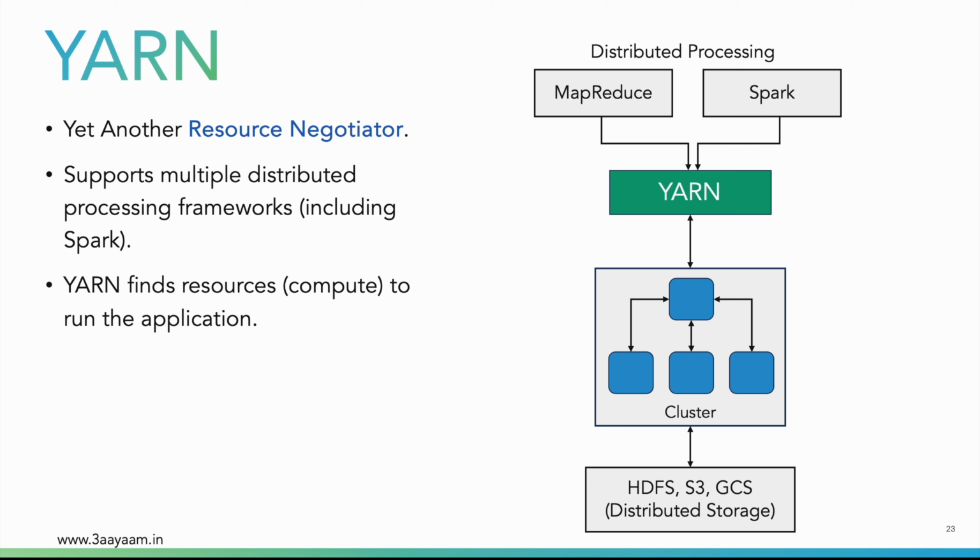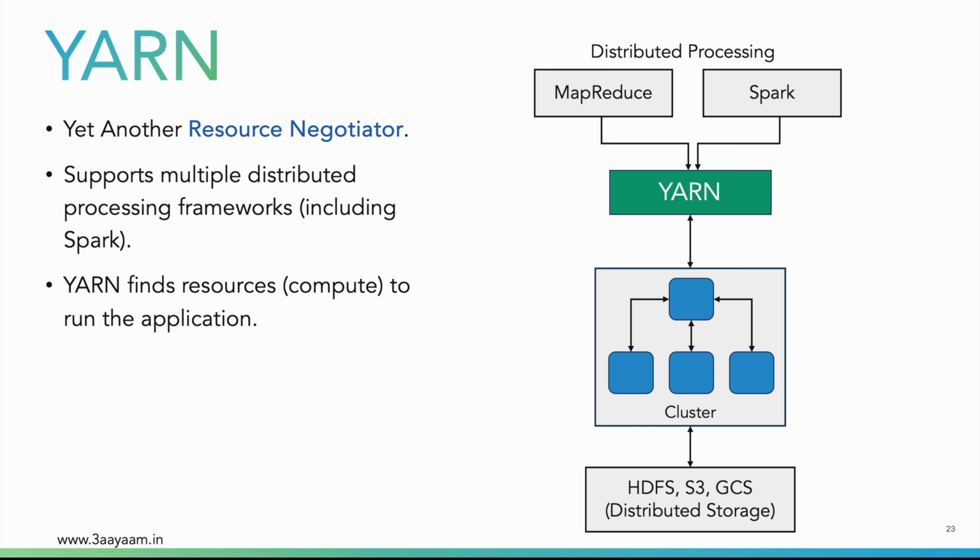Now the question is, where do you place YARN, or where do you keep YARN? Should we keep YARN in a separate cluster altogether, or in a separate machine altogether, and then ask YARN to manage the resources here? Or should we keep it in the cluster itself, where we are going to run the distributed processing and which is attached to the distributed storage?